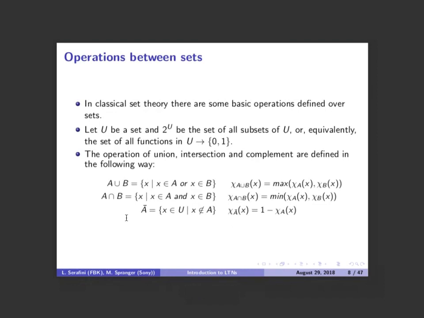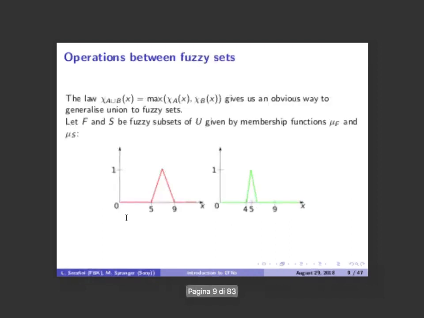And these are the usual operations on sets that we now want to extend from 0, 1 to the interval 0 to 1. And they give us an indication of how to do it.